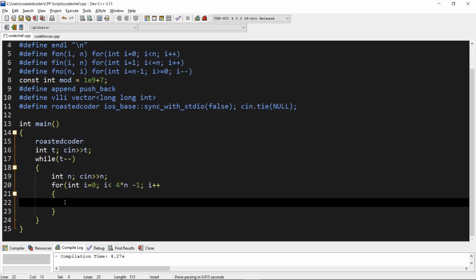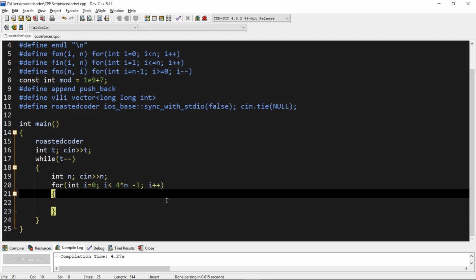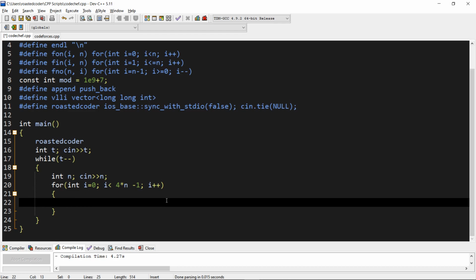And now let's take input, that is, the x coordinate and y coordinate points. So let's take long here.